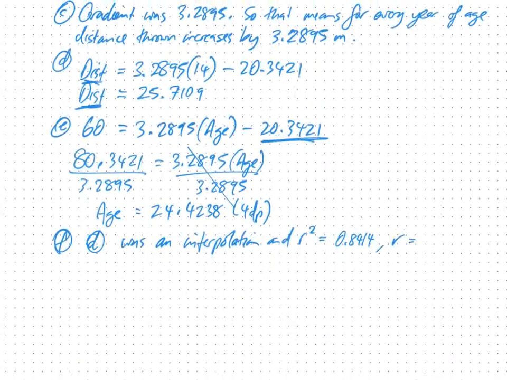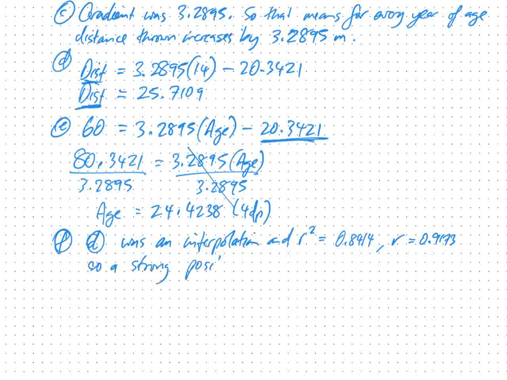R was 0.9173. R squared was 0.8414, so line was appropriate. And R was 0.9173, so according to your chart in your book, it was a strong positive correlation. So this was reliable.